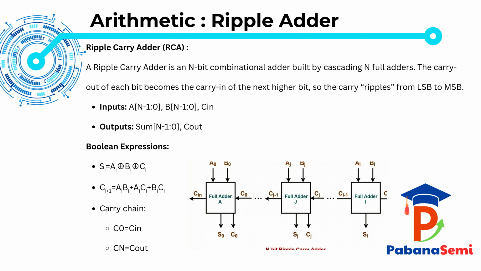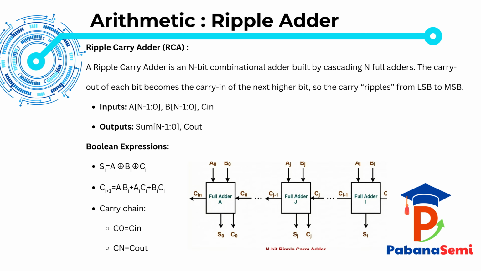through the adder. The inputs are 2 n-bit numbers, A[n-1:0] and B[n-1:0], along with an optional Cin. The outputs are the sum[n-1:0] and the final Cout. For each bit position i, the sum is Si equals Ai XOR Bi XOR Ci, and the carry to the next stage is Ci+1 equals AiBi plus AiCi plus BiCi.